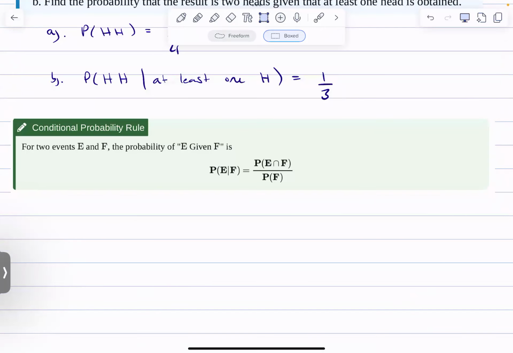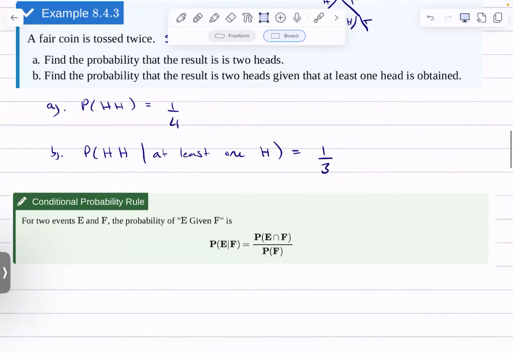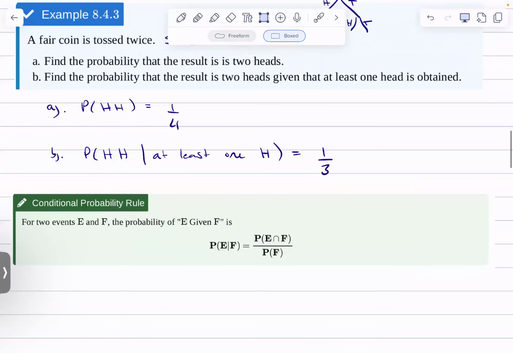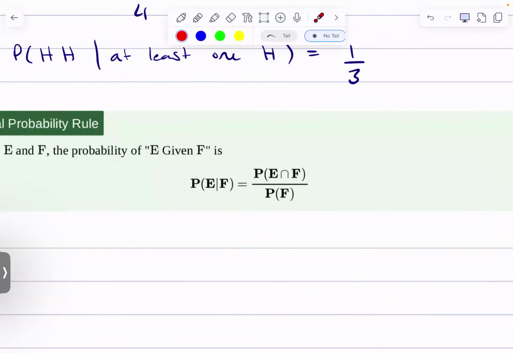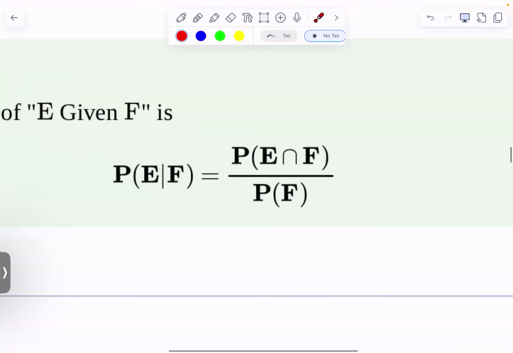Well, here's your formula. Oh, it went weird, but that's okay. For two events, E and F, just generically, I usually use A and B, but she likes to use E and F for some reason. The probability of E given F is given by this formula.